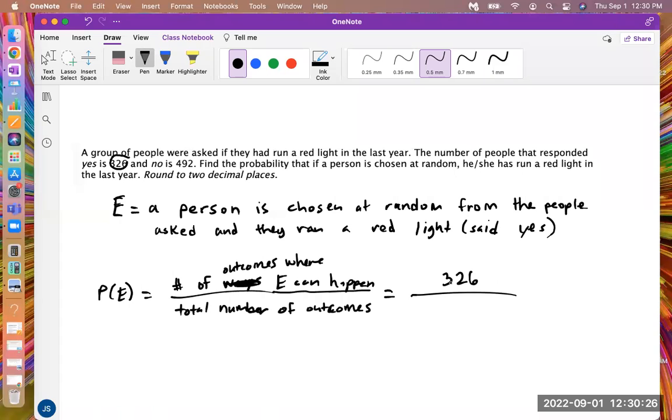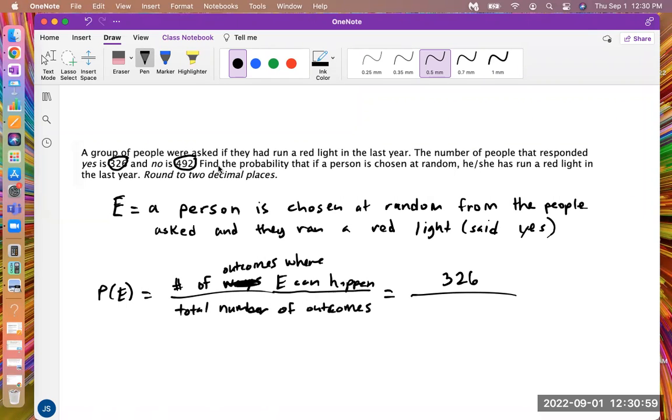Because if we picked any one of those 326 people, then we would choose a person who ran a red light. But then the total number of outcomes, well, I could have picked anybody who they asked in this survey. And so that is the 326 people who said yes and the people who said no. They don't mention here in this study anybody that didn't respond, or responded with an "I don't want to tell you" kind of answer.